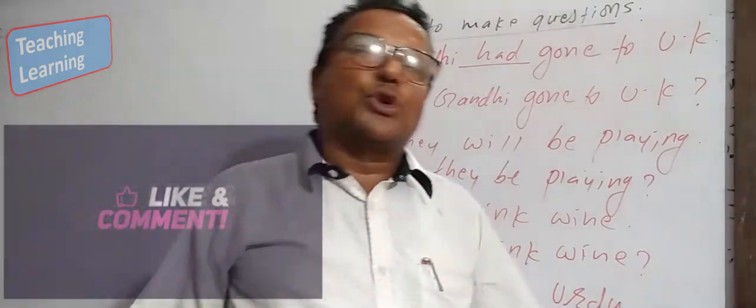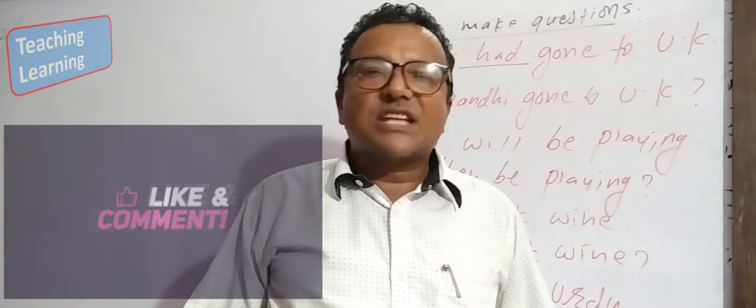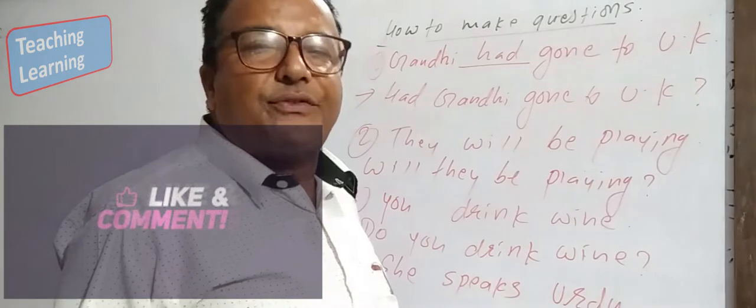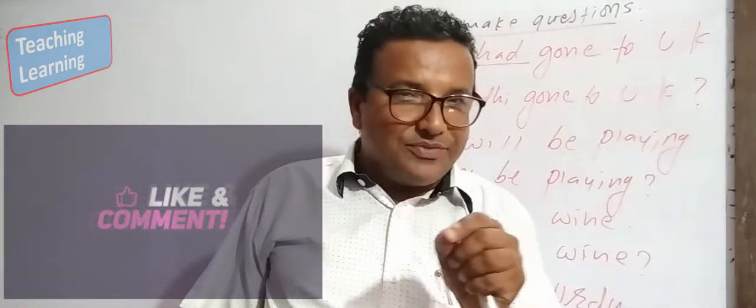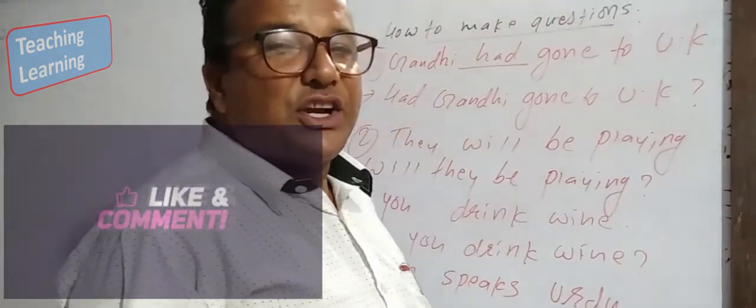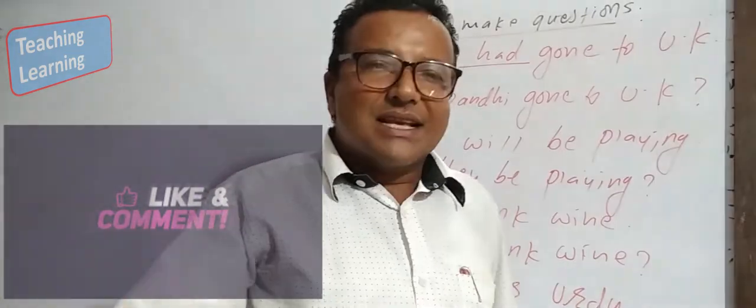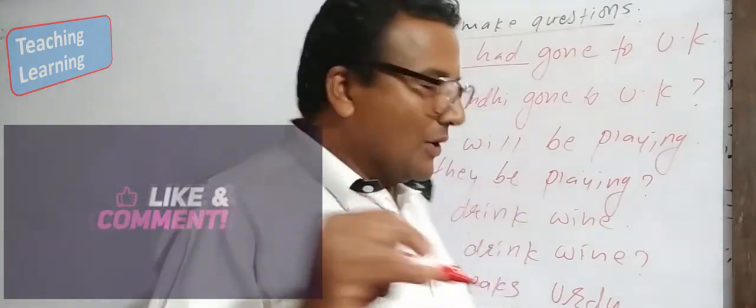She speaks Urdu. There is no auxiliary verb. There is V5, verb 5. In this case, we have to use does before the subject, and V5 is changed into V1. Look at here.